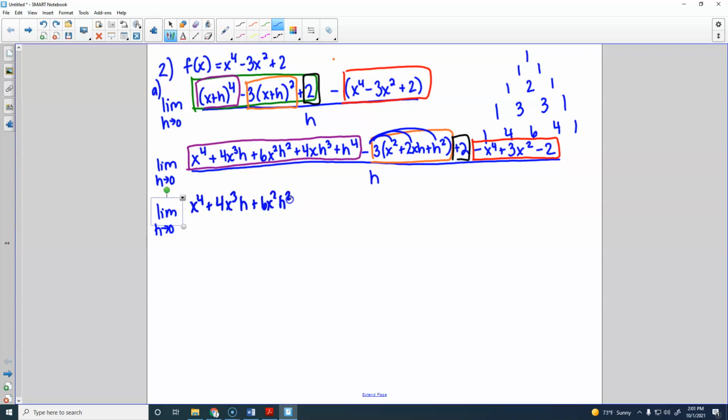I was wanting to erase this right here and just replace it so I didn't have to write all this again. 3x squared minus 6xh minus 3h squared plus 2 minus x to the 4th.